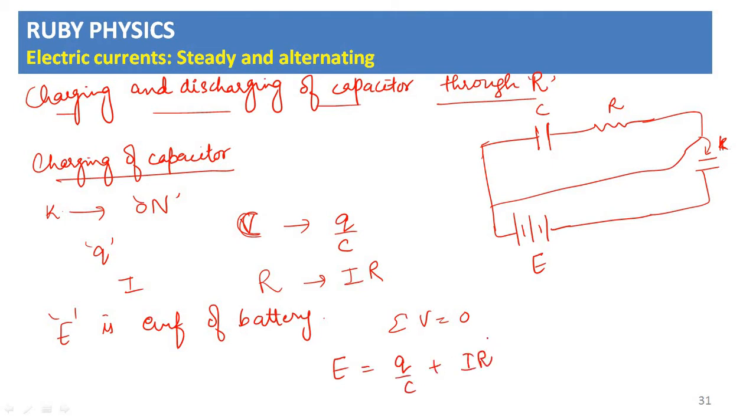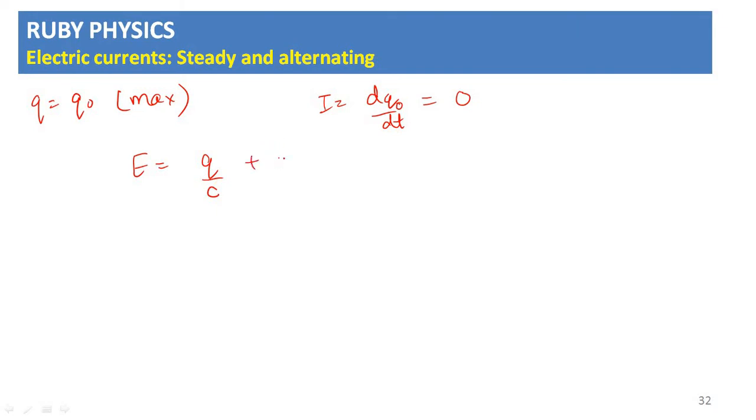Now when Q is equal to Q naught, that is when Q attains its maximum value, I is equal to dq by dt, but at the maximum value I will be 0 here. So our equation is left with E is equal to Q by C plus 0, because I is 0, so it will be Q naught upon C.